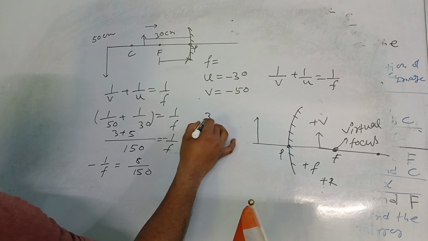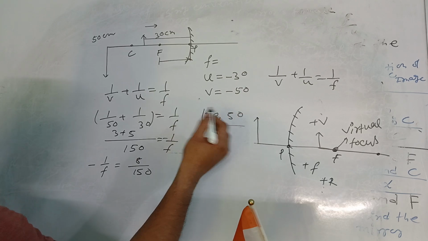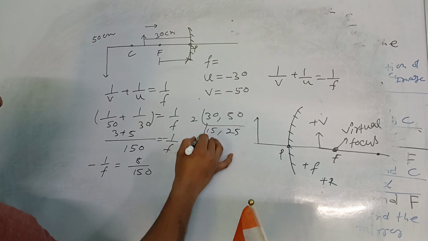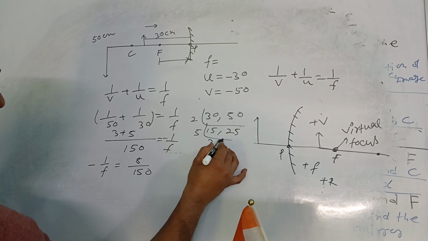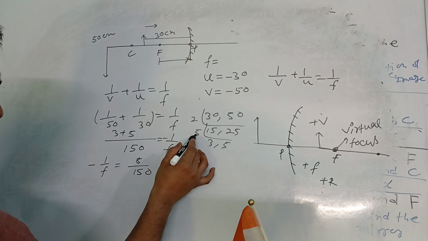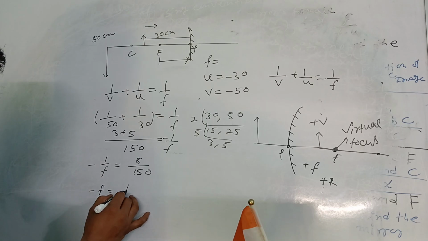And LCM of 30 and 50. So LCM it is what? By 2, 15, 25, by 5, 3 and 5. So it is 150. So now we can write minus f is equal to 150 by 8.